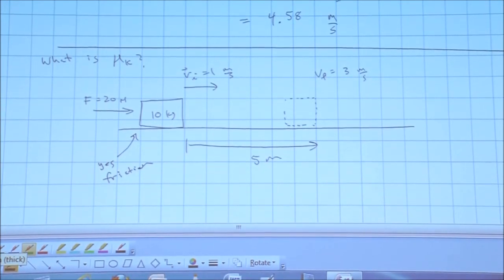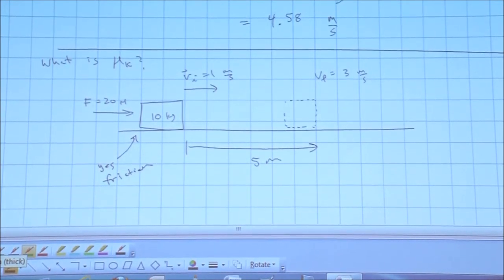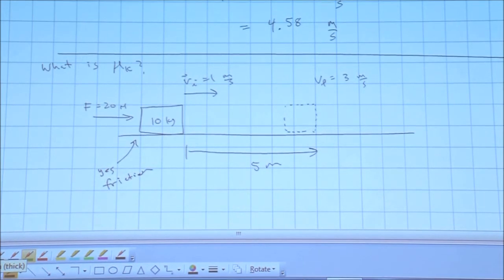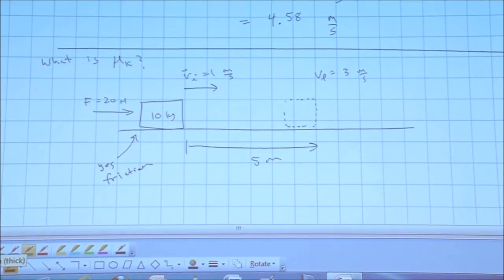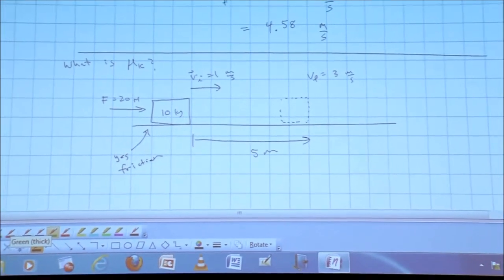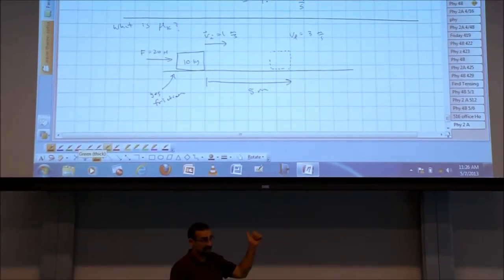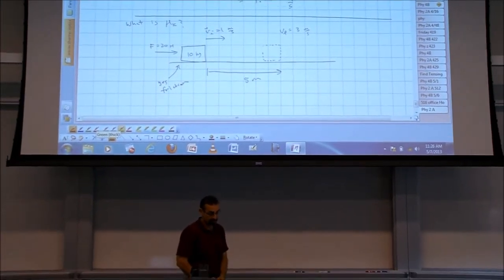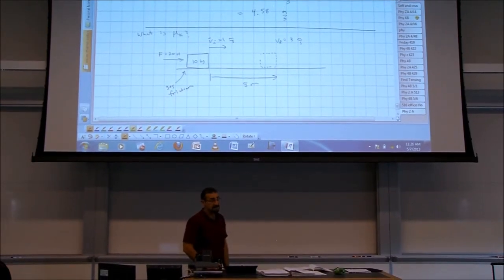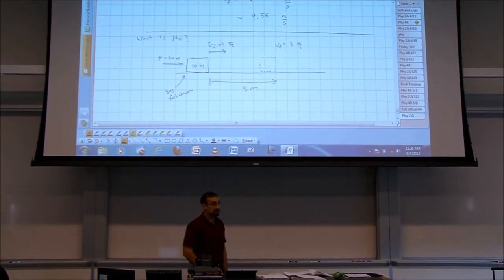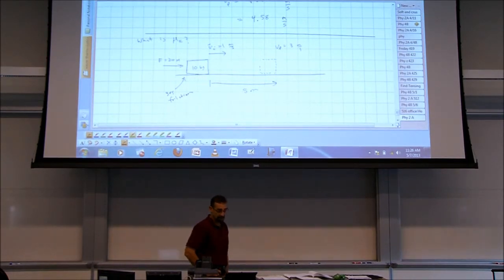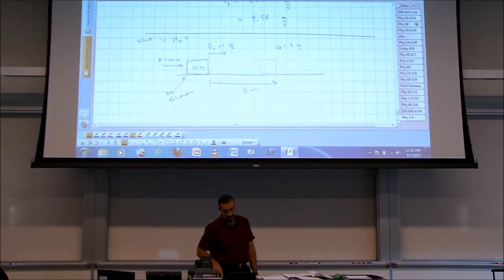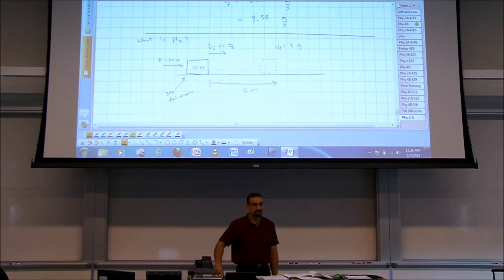So we're pushing to the right. If there was no friction, we already did it. It would be moving 4.58 meters per second at the end of 5 meters. But now we know it's not moving that fast, so something else must be pushing in the backward direction, doing negative work. That's friction. So can you figure out what that friction force has to be? And then what mu sub k must be for that surface?